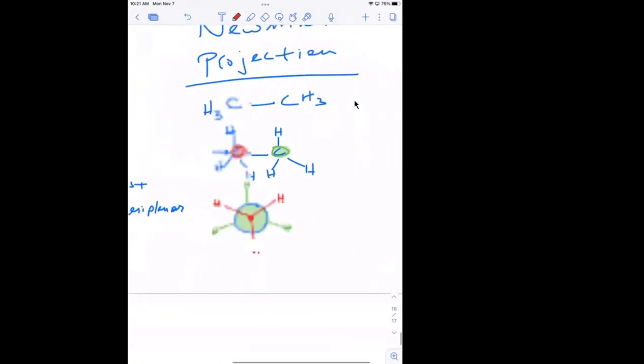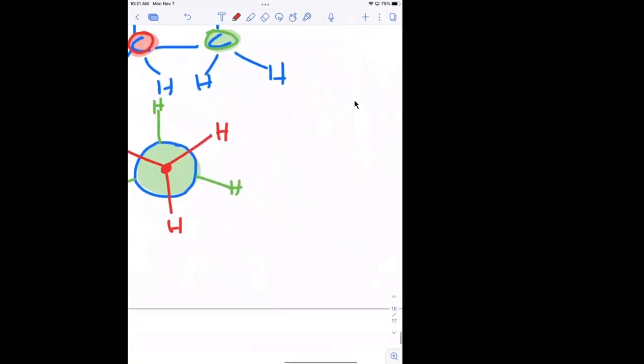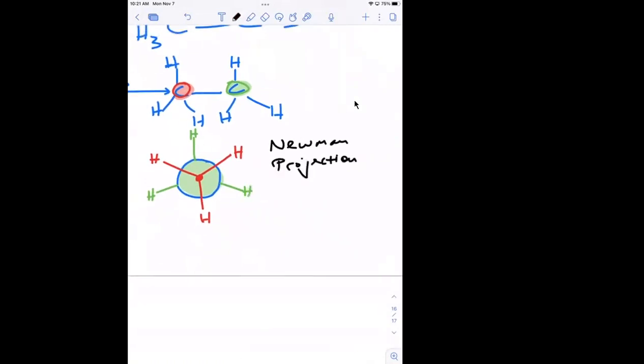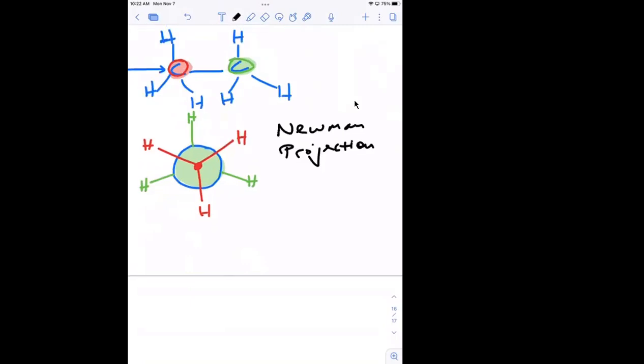This is what we call a Newman projection. You look down the carbon-carbon bond, and it doesn't matter how long the chain is, the Newman projection is only going to represent 2 carbons out of that chain, no matter which 2 carbons you pick. It's inconsequential.